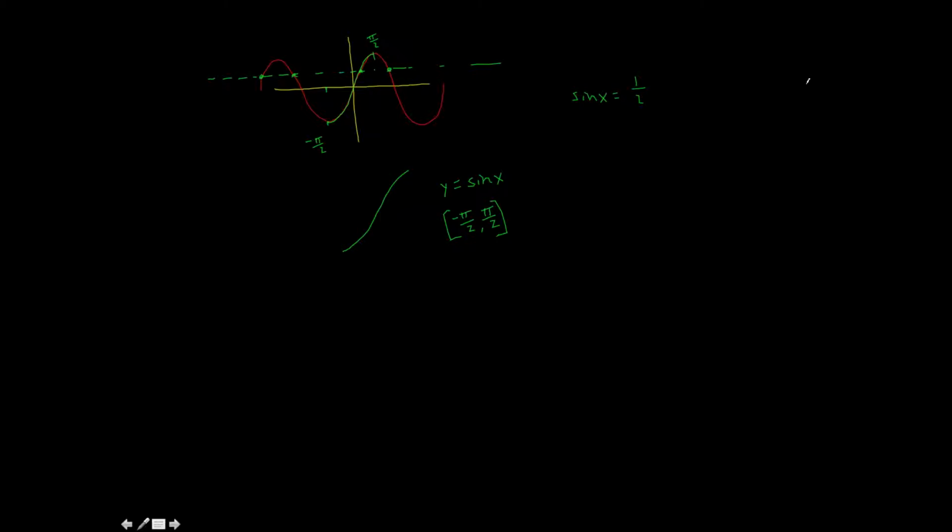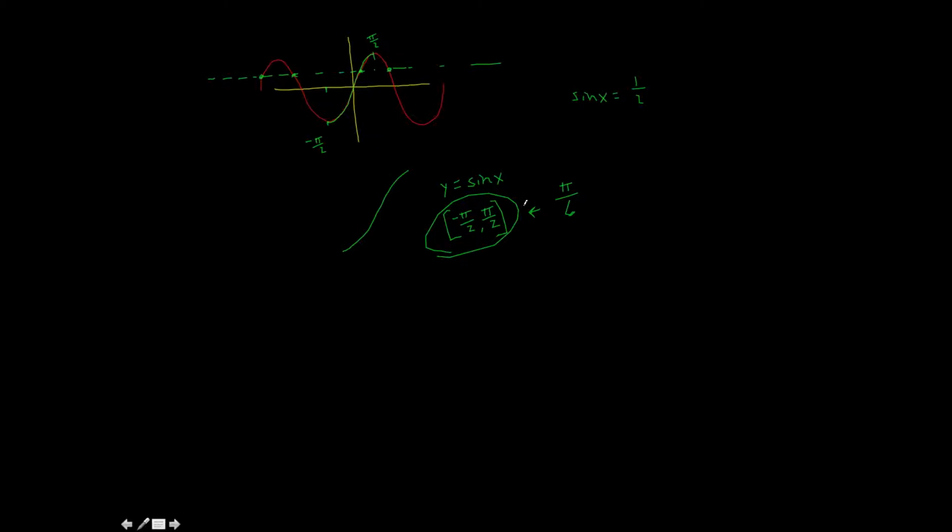However, we're just restricting it to this one particular interval so that we know there's only one spot where sine x equals 1/2, and that's pi over 6 in that interval. So in that interval, pi over 6 is the only place where sine x equals 1/2. That's what we're trying to do here. We're trying to restrict the domain so that we only get one answer for our sine x so that it's one-to-one.